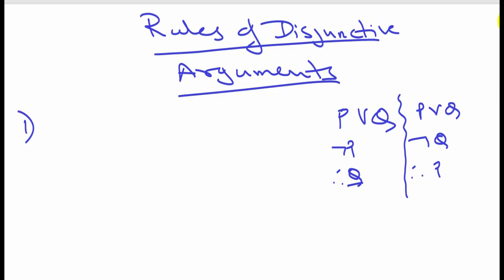So, let us take an example. First, we have to understand the rule.